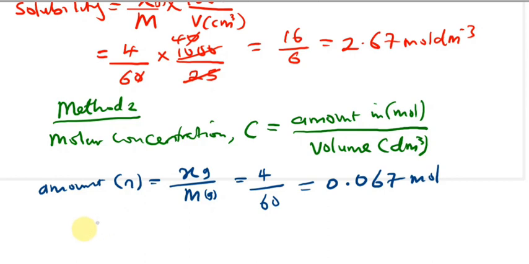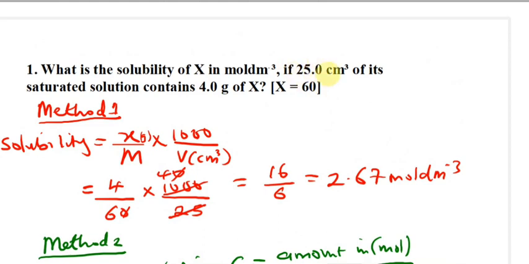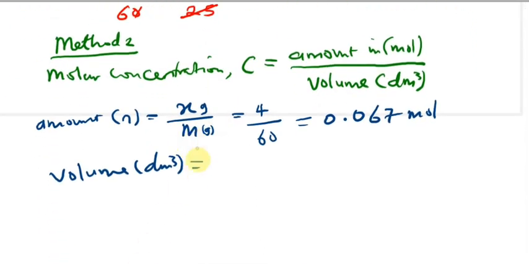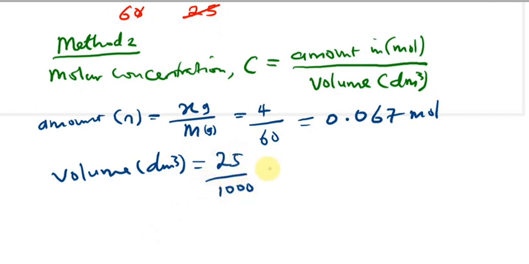Okay, so the volume in dm cube would be equal to the given volume 25 cm cube divided by 1000. So we have to convert that to dm cube. So that will equal 0.025 dm cube.